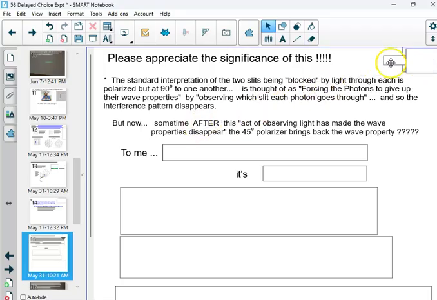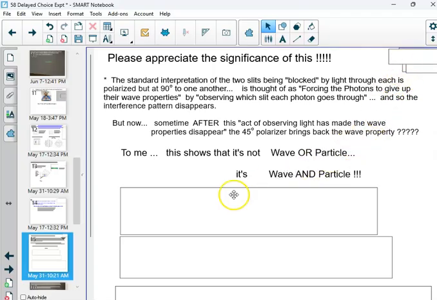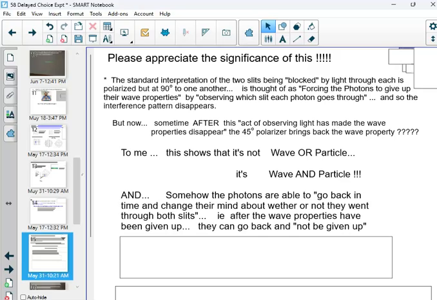But now, way later on, this act of observing light has made the wave properties disappear, and the 45-degree polarizer brings that property back. So this shows that it's not really wave or particle. It's kind of wave and particle, of course, as we've already been talking about.